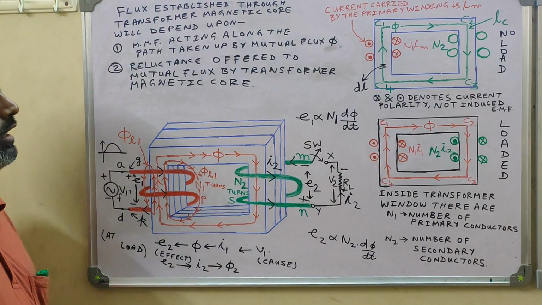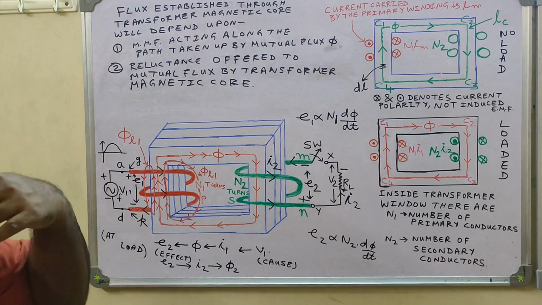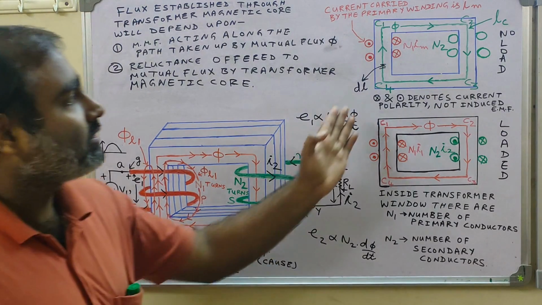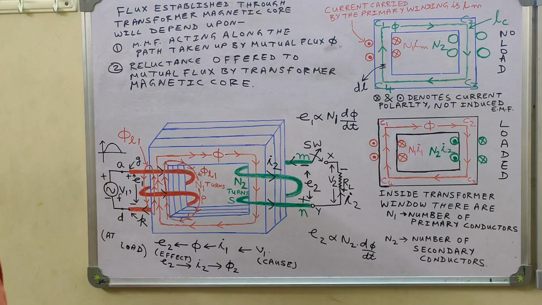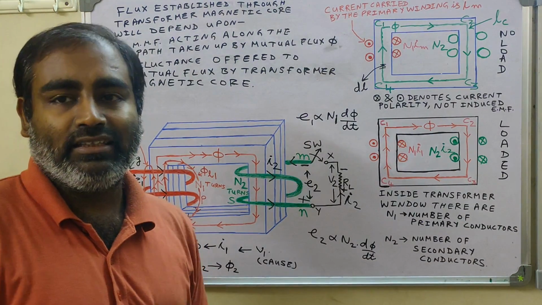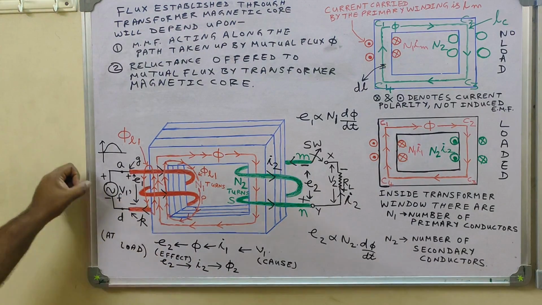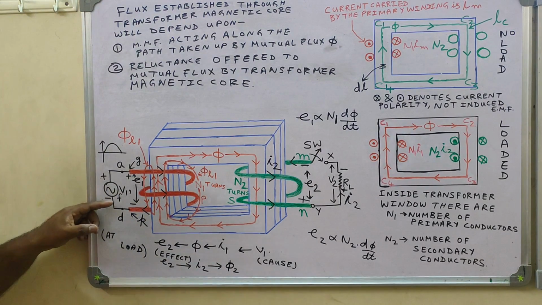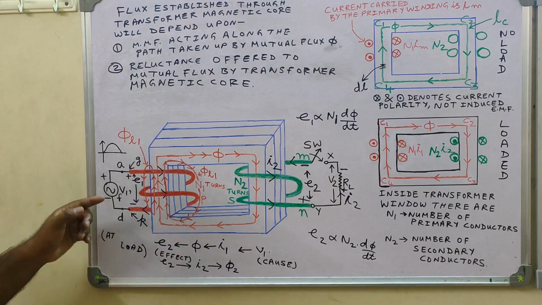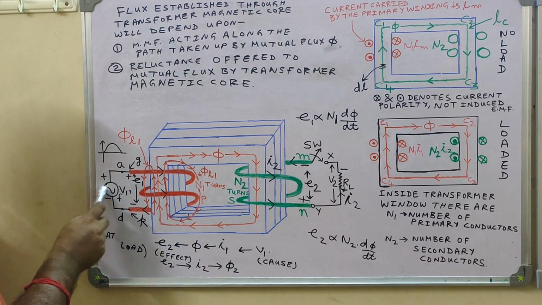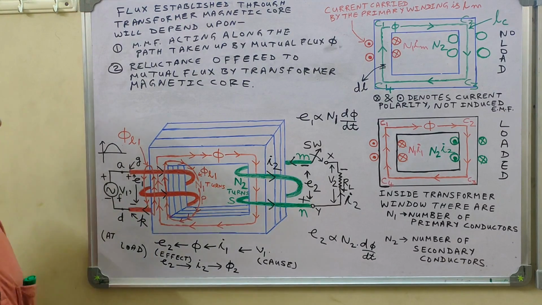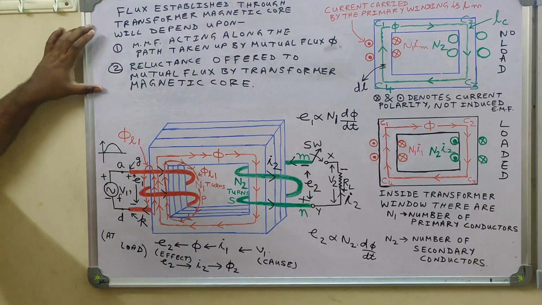If you remember, in our earlier lecture we have learned that the flux in the transformer magnetic core is decided by the RMS value of the applied voltage V1, the frequency of the applied voltage, that is F, and the number of turns of the coil to which the sinusoidal voltage source is connected. So we will keep this in mind.